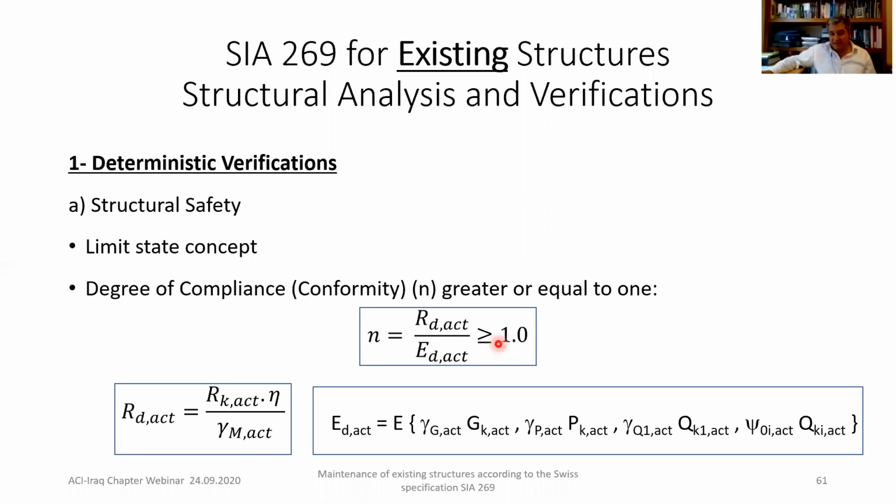If it is less than 1, that means it's not correct, because the effect is bigger than the resistance. N can give you an idea about how close or far away you are from normality. If it shows 2, that means you are perfect, because the resistance is double the effect.